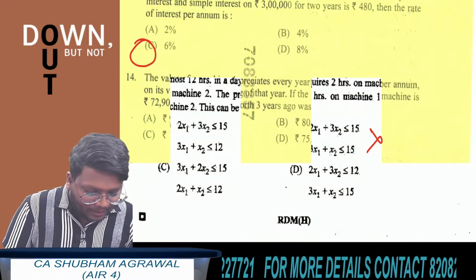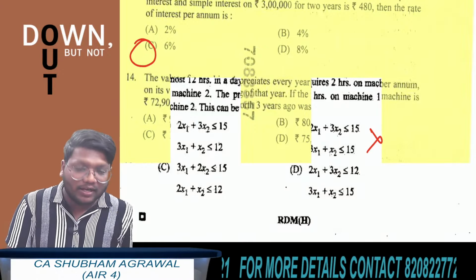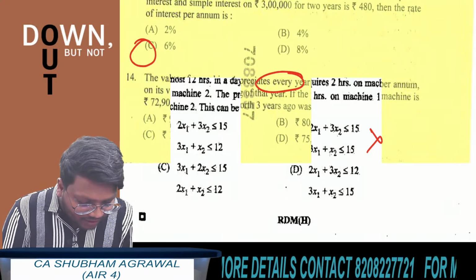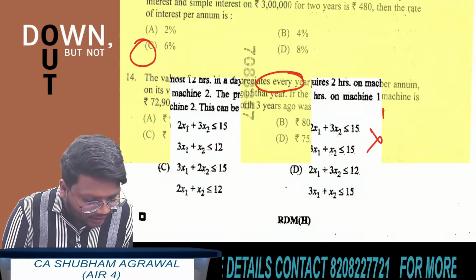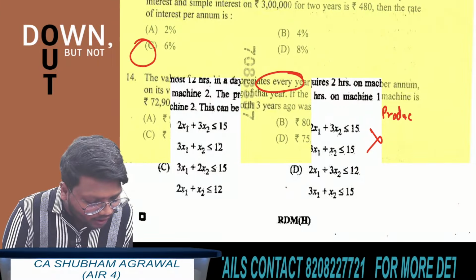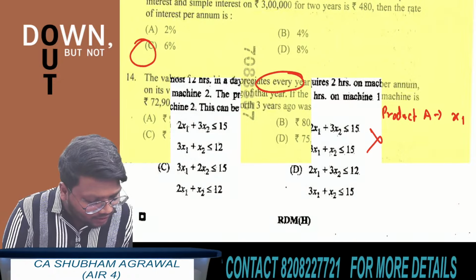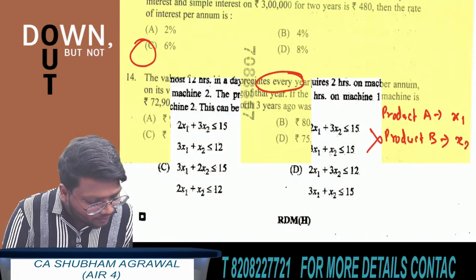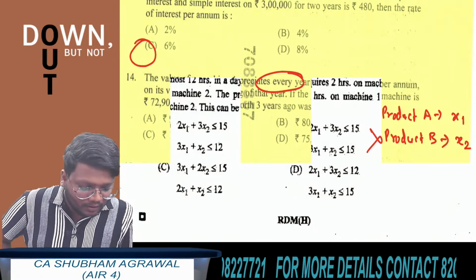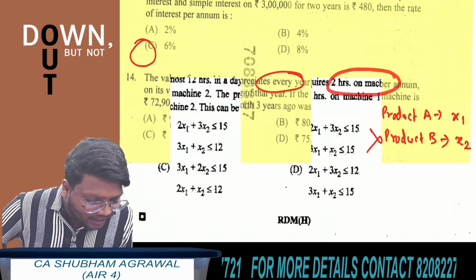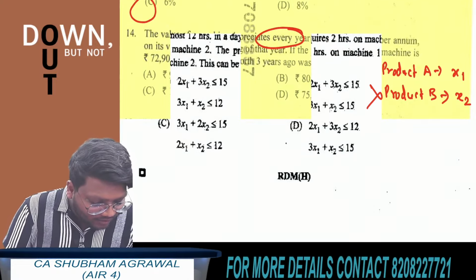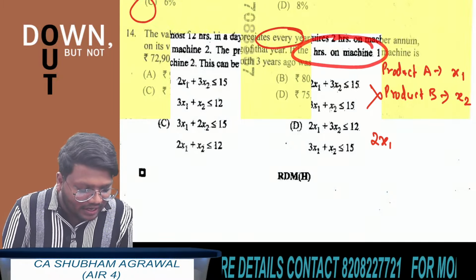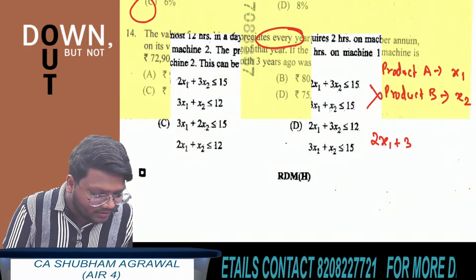Product A requires 2 hours on machine 1 and 3 hours on machine 2. Let's say this company is producing x1 units of product A and x2 units of product B. 1 unit of product A requires 2 hours on machine 1, so x1 units will require 2x1 hours. 1 unit of product B requires 3 hours on machine 1, so x2 units will require 3x2.